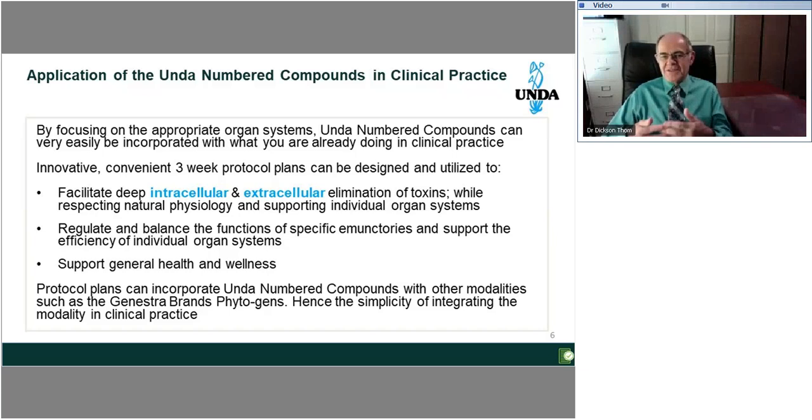But at the same time, we don't want to exceed the natural physiology of our organ systems that the body has. So we have to start somewhere. We can't just give all of our remedies to everybody and say, well, support all the systems. So we do categorize them, to support the emunctories and these organ systems and, for all intents and purposes, to support general health.